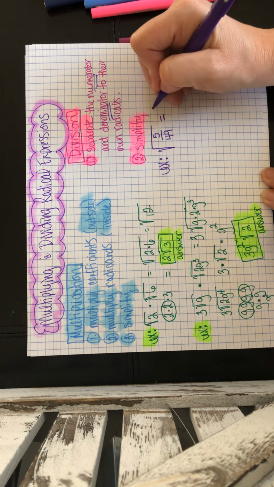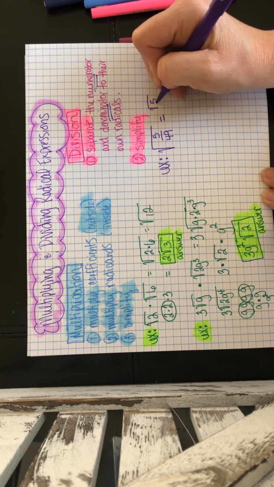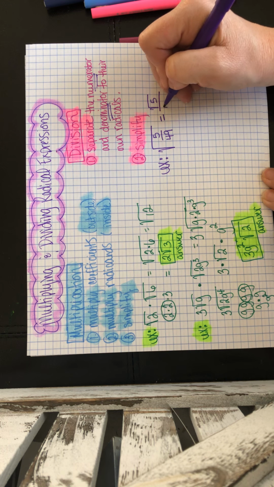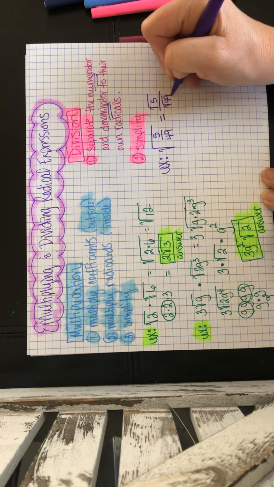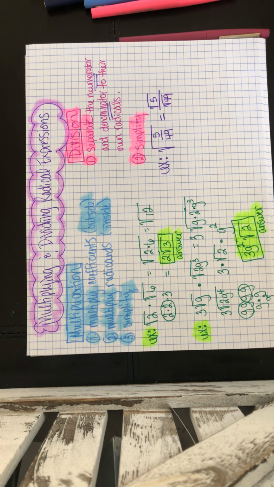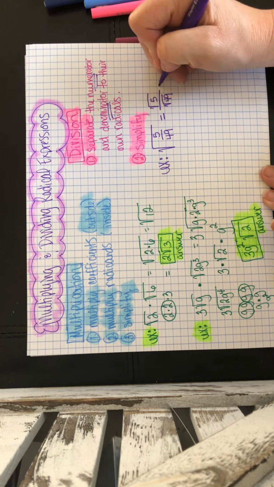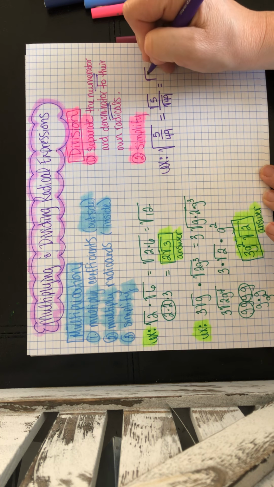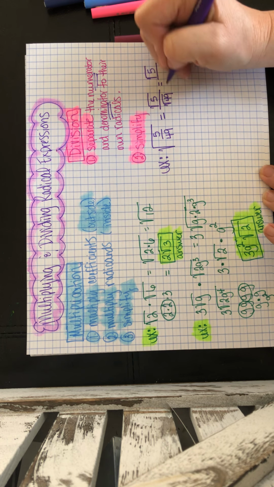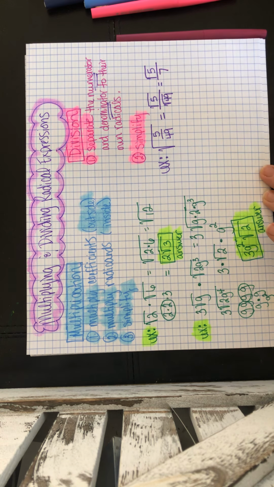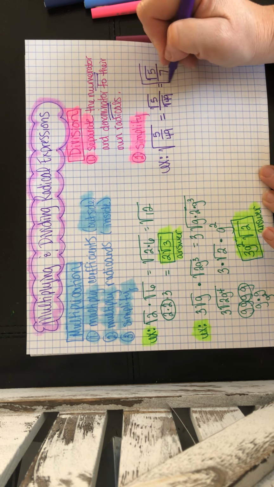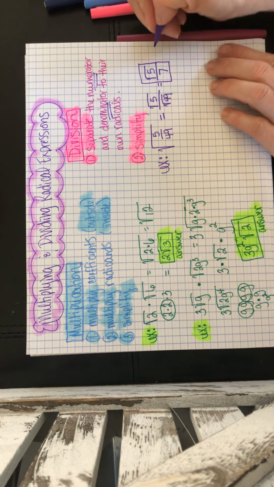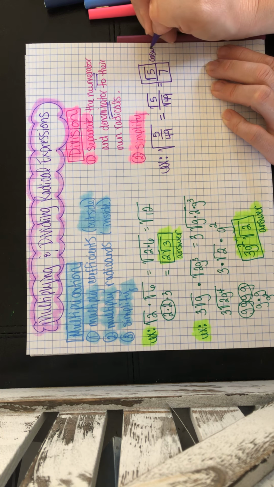So this is going to be the square root of 5 over the square root of 49. So now from here, I need to simplify. The square root of 5 is already simplified. The square root of 49 is equal to 7 because it is a perfect square. So this is your answer.